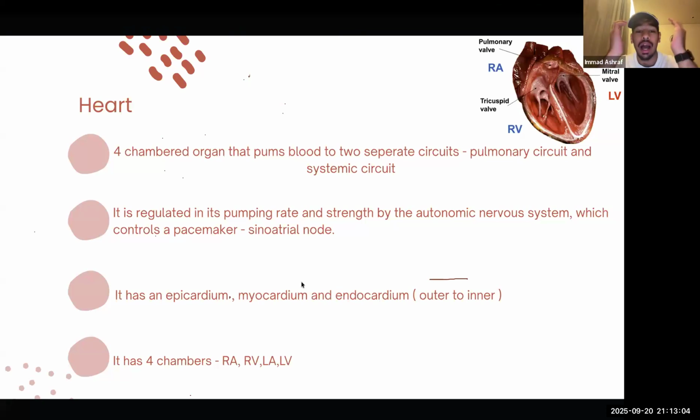So how does the heart decide what rate it should beat at? Let's say your heart's beating at 90 beats per minute. What tells it to beat at 90 beats per minute? It doesn't think of it itself, nor do you tell it to beat at 90 beats per minute. It's by the autonomic nervous system.